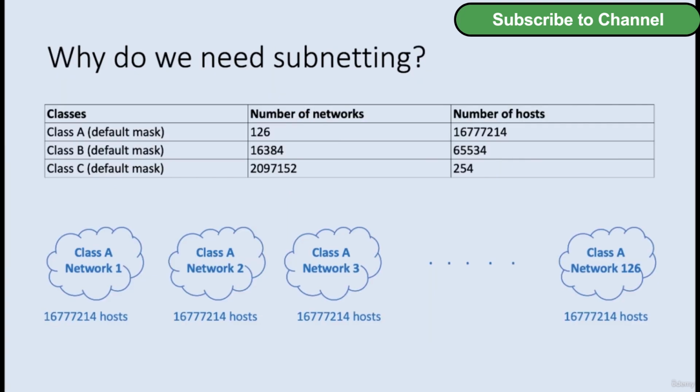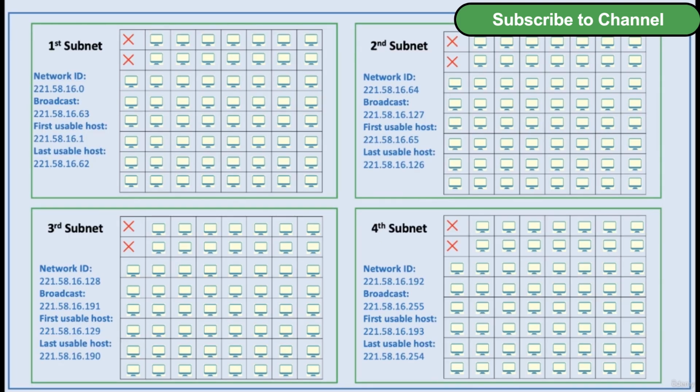We have studied that if subnetting is not done, each class C address has 254 hosts. Assume in your college you have 4 labs. If you subnet a class C address into 4 subnetworks, your subnets will be like this. The first subnet will be allocated to the first lab, the second subnet to the second lab, and so on. And each of these labs will have a maximum of 62 hosts.